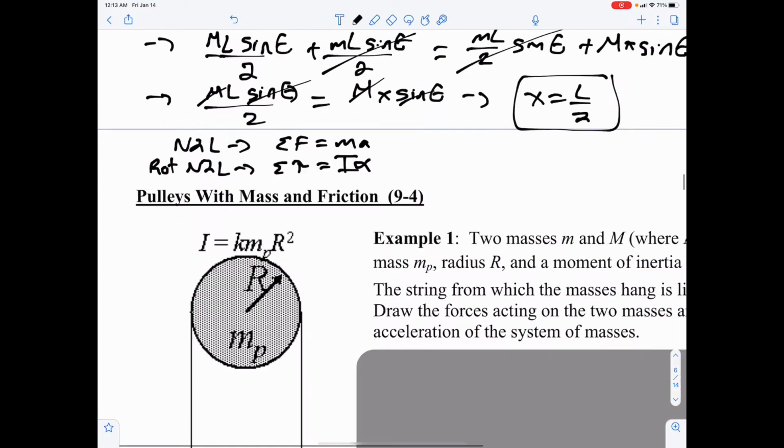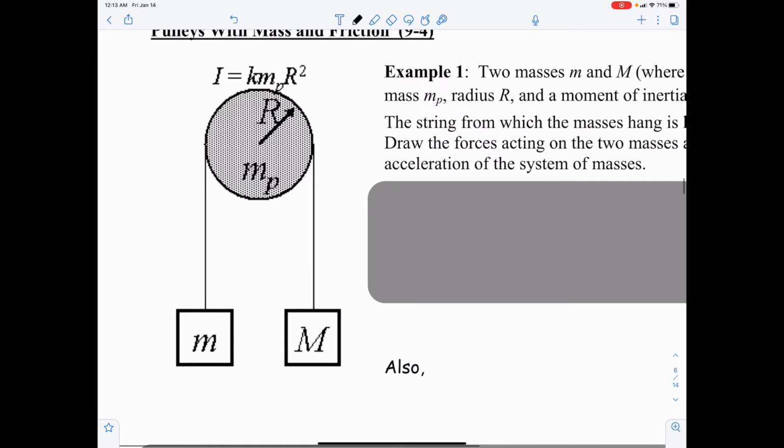Okay, let's first figure out the forces acting on this thing. The forces acting on the masses would be little mg and tension. I'm going to call this tension 1 on the left side. And m1 is accelerating upwards, m2 is accelerating downwards. Now the acceleration will be the same. The tensions may not be the same, but the acceleration still will be because it's all moving as one unit.